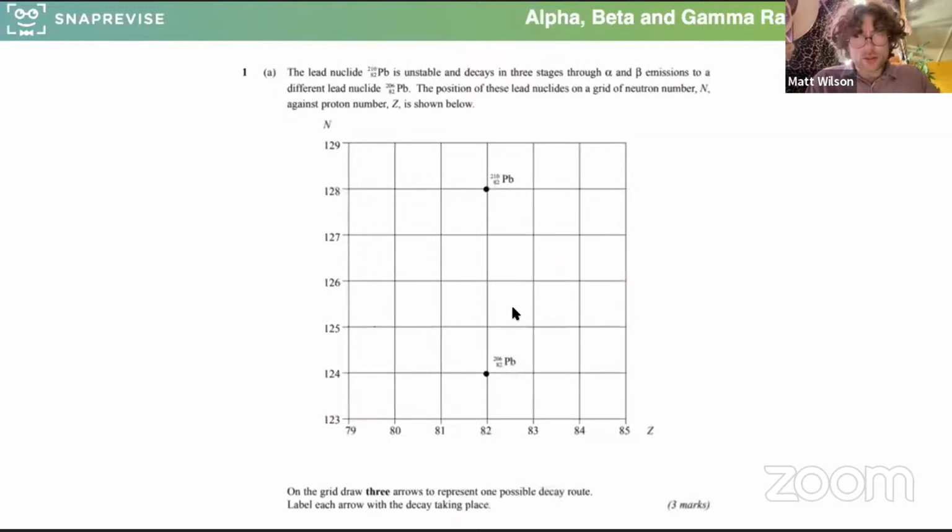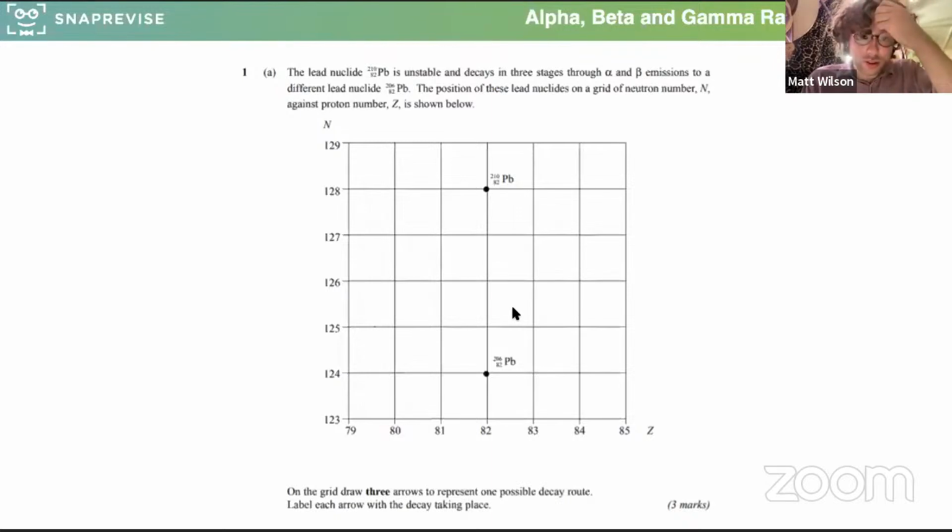In this question, we're told that the lead nuclide, so here we have some nucleus, it's unstable and it decays in 3 stages through alpha and beta emissions to a different lead nuclide. So it's lead to lead because it's 82 to 82, fine, the number of protons is the same as we started with.